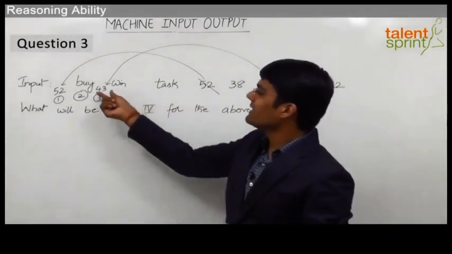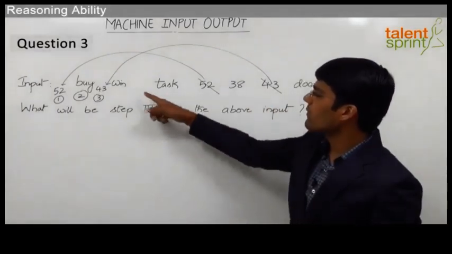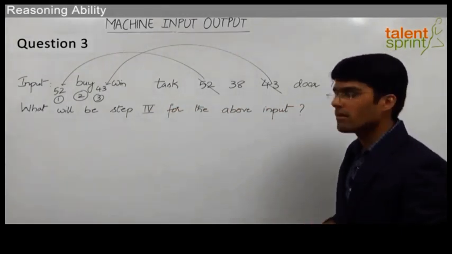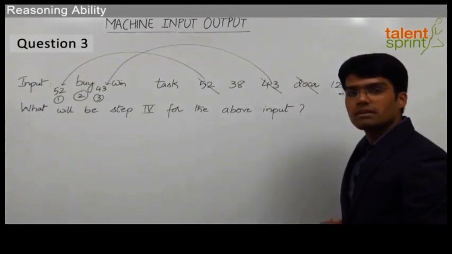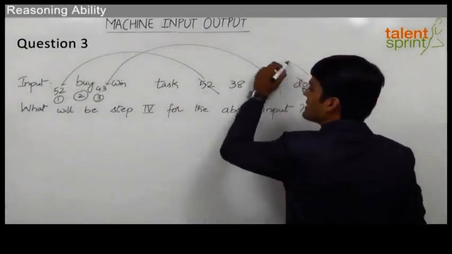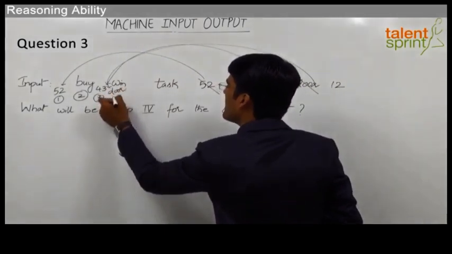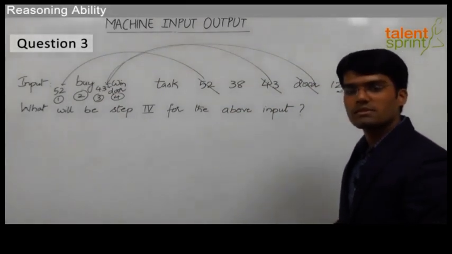After 43, we need a word, and that word should be one among when, task or door. And since we are following the alphabetical order, we know that the word would be door after 43. So let us strike off door and move it after 43. That means door comes in this position and it is the 4th position of the arrangement.